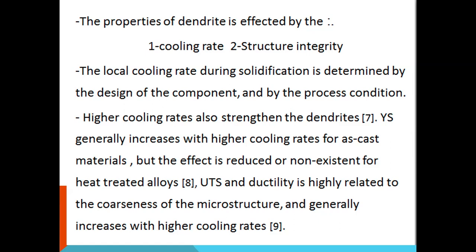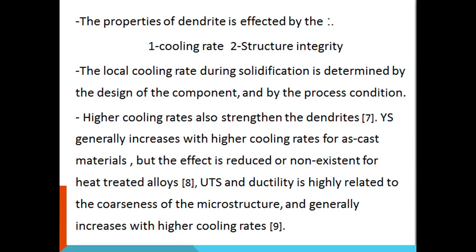The properties of dendrites are affected by the cooling rate and structural integrity. The local cooling rate during solidification is determined by the design of the component and by the process conditions.